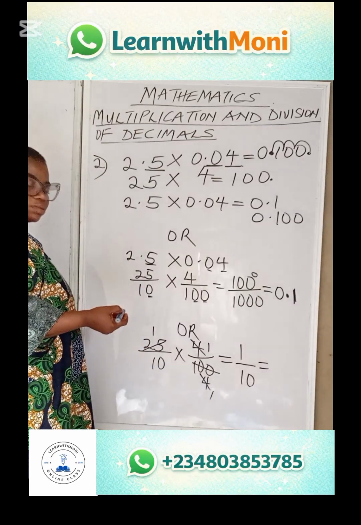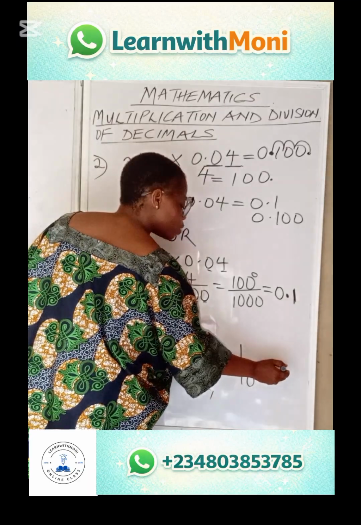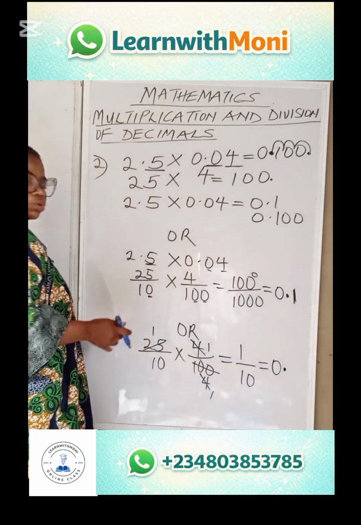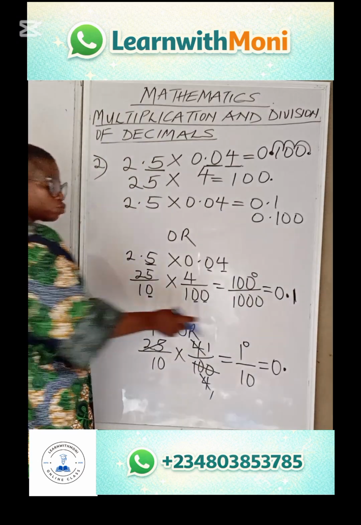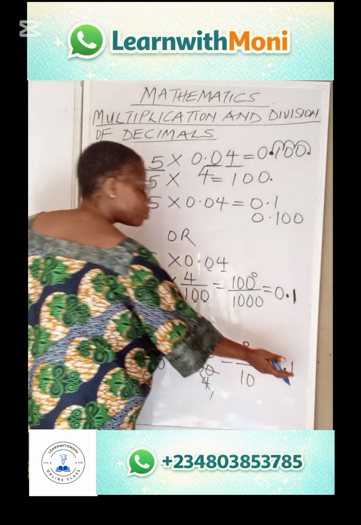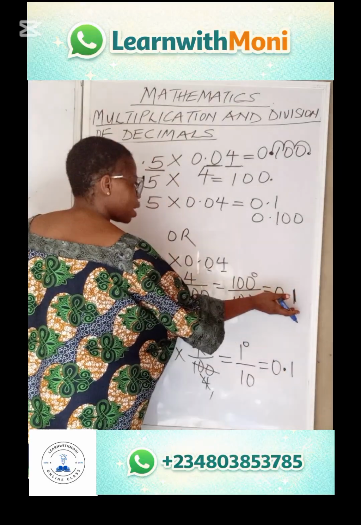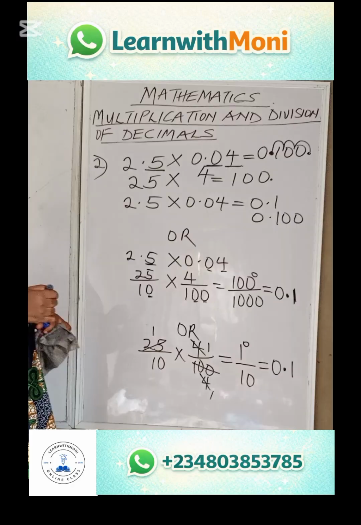But let's divide it. 1 divided by 10 is 0. We can't get 10 in 1. So we put an invisible 0 behind that 1. So 10 divided by 10, 1. So whether we go like this, or like this, or like this, we are going to get the same answer.